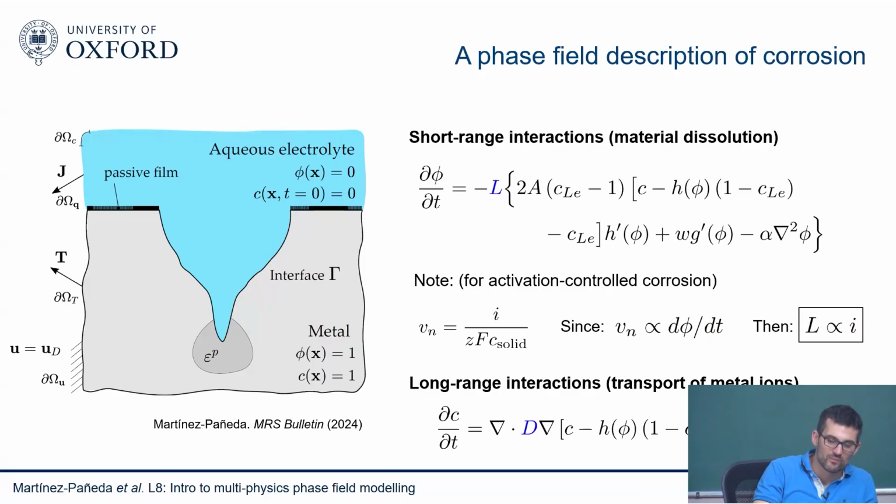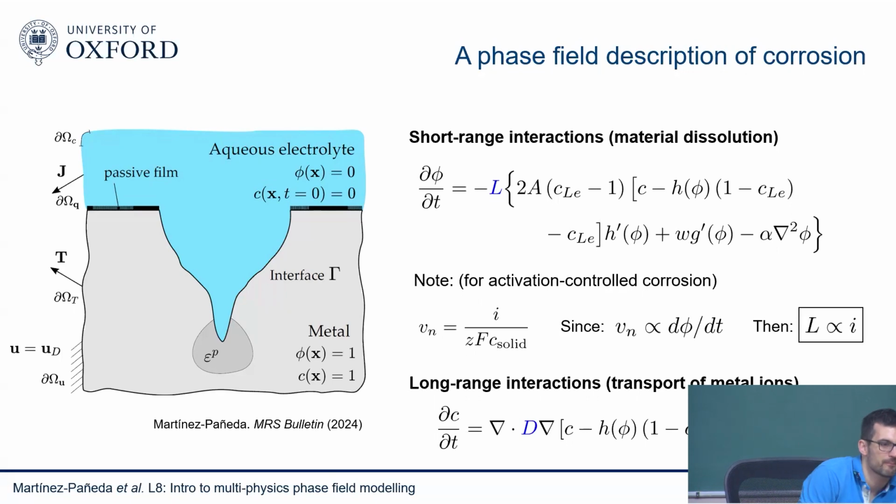L is not something fully physical. Again, it's similar to phase field fatigue. These are early days, we're getting there, but it's something that you can correlate to corrosion current density. So if you can do a single uniform corrosion experiment, then you can determine your L coefficient. There are some caveats here and there, but I think this is sufficiently close.